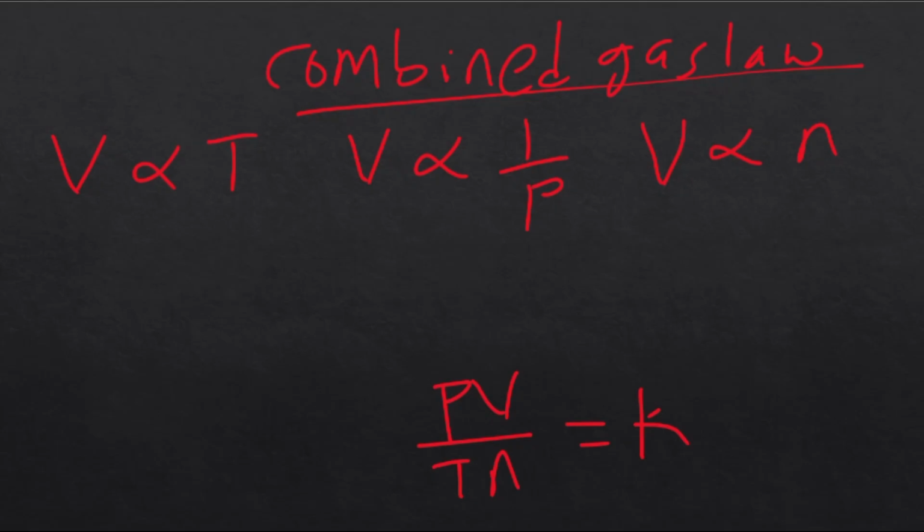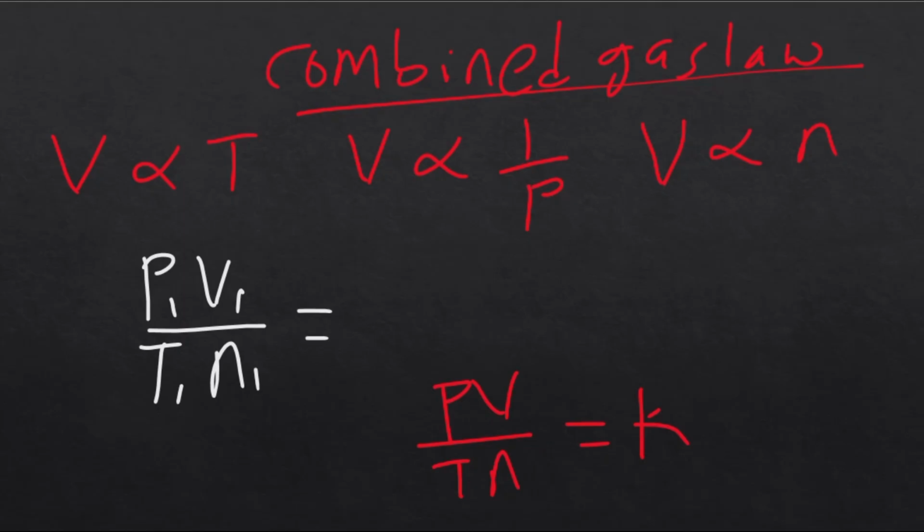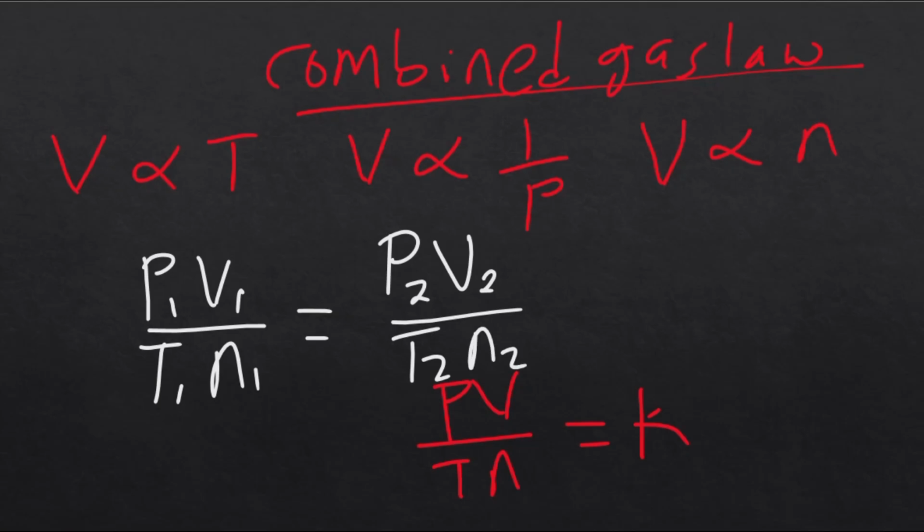Knowing that this is a constant, at some initial pressure P1, initial volume V1, initial amount n1, and initial temperature T1, this particular configuration will be the same when you move to a different set of conditions like P2, V2, n2, and T2. This is the general form of the combined gas law.